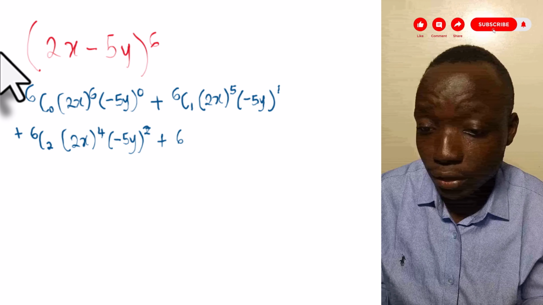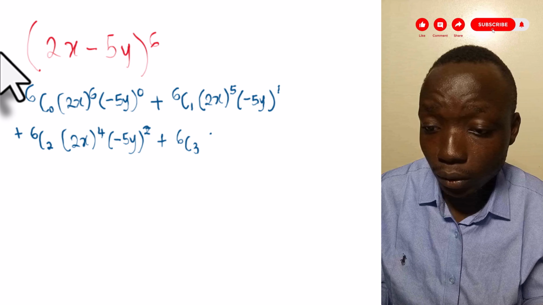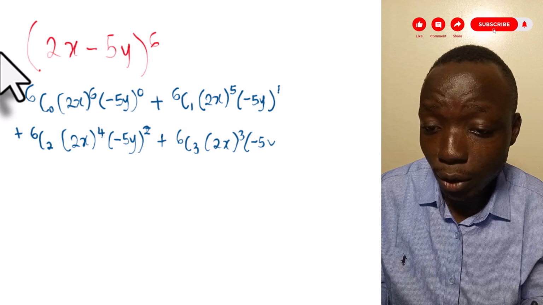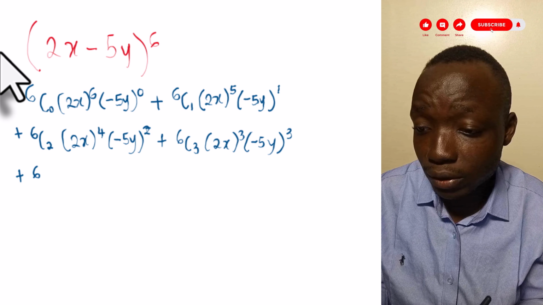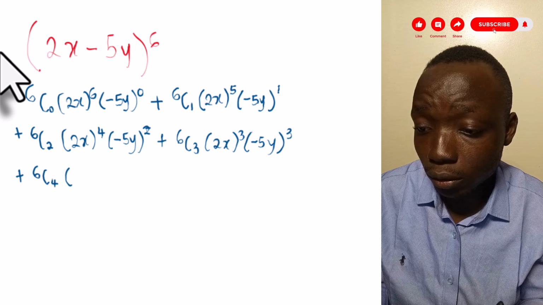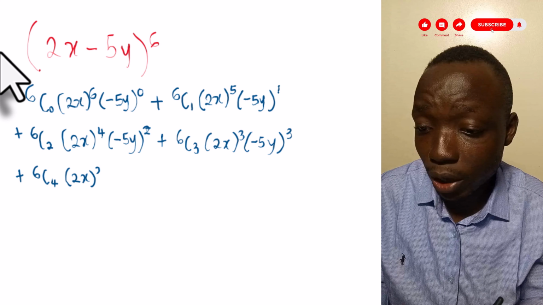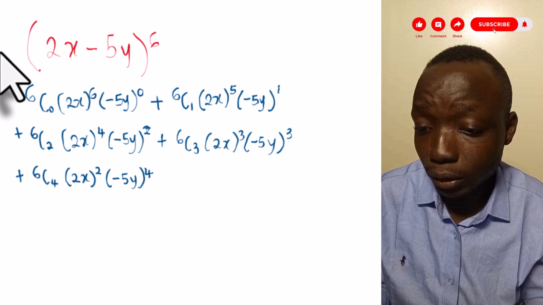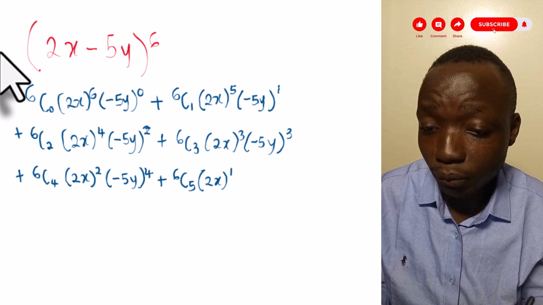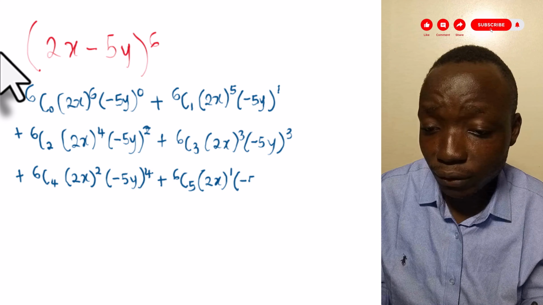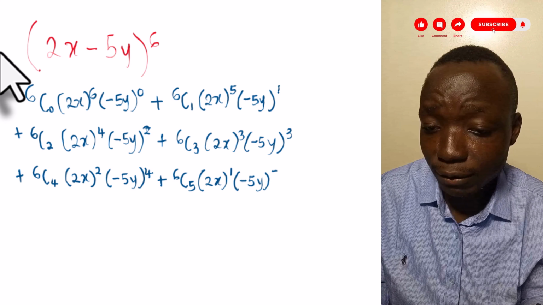plus 6 combination 3, 2x raised to power 3 minus 5y raised to power 3. Then we have plus 6 combination 4, 2x raised to power 2, that is minus 5y raised to power 4, plus 6 combination 5, we have 2x raised to power 1 minus 5y raised to power 5.